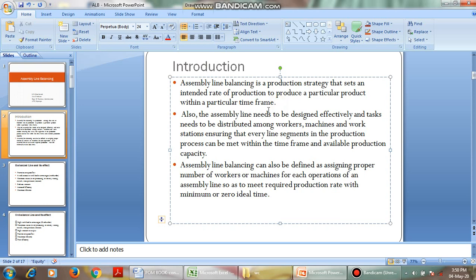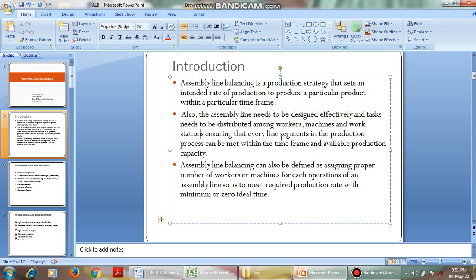We can simply say that assembly line balancing is a process which is designed to take a particular activity. We design the particular activity and distribute it among the workers. For activity A, how many workers, how many machineries, and how many workstations.